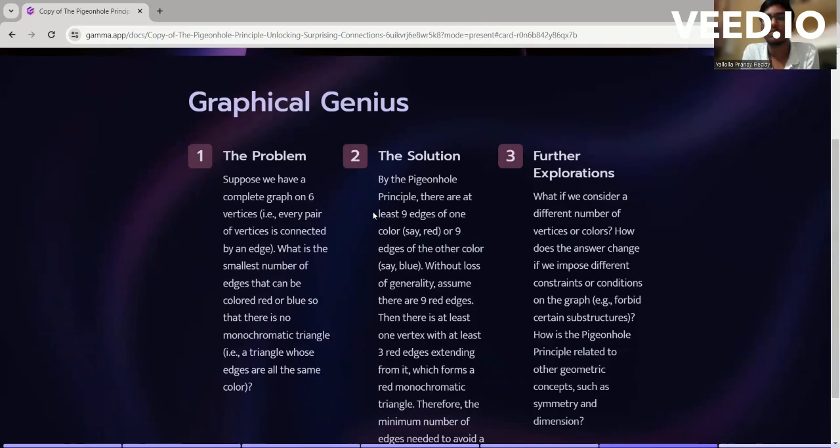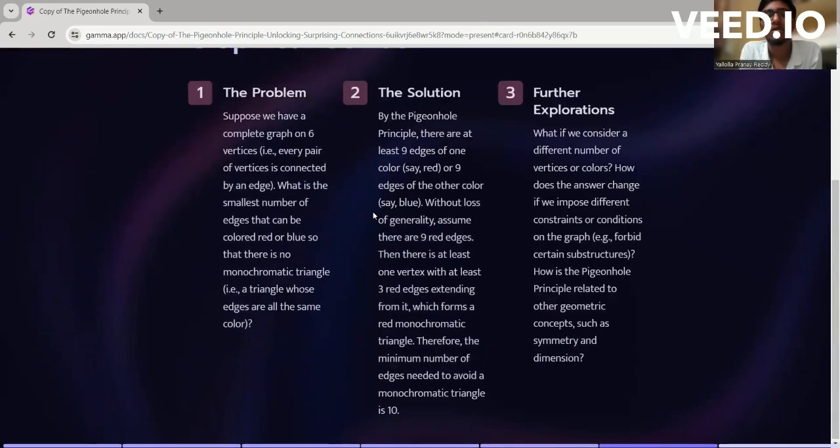So, what is the solution? By the pigeonhole principle, we can say that if we take 9 edges of only one color, that is red or blue, so if we assume there are 9 red edges, then there will be at least one vertex with at least 3 edges extending from it, which forms a red monochromatic triangle. Therefore, the minimum number of edges needed to avoid a monochromatic triangle will be 10.